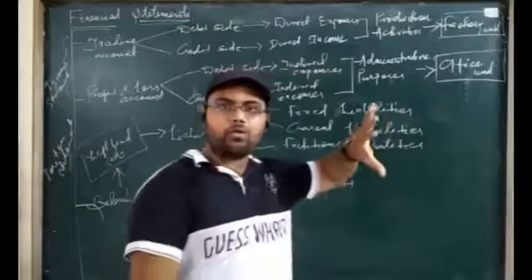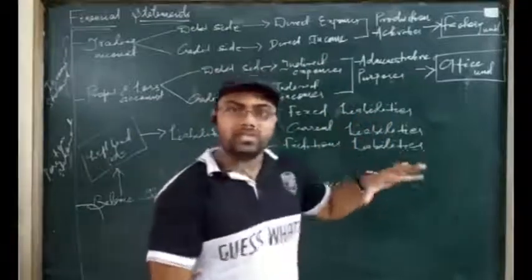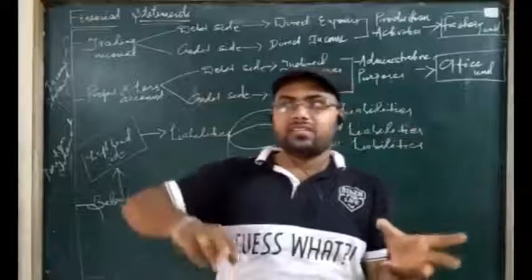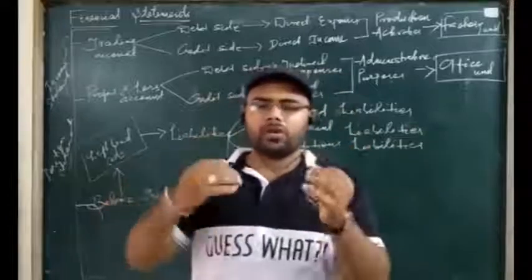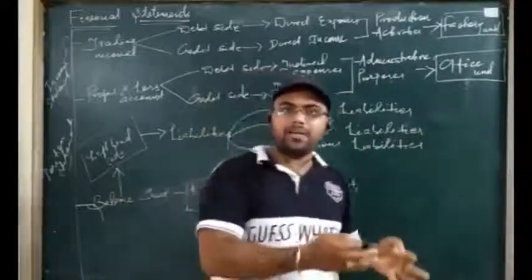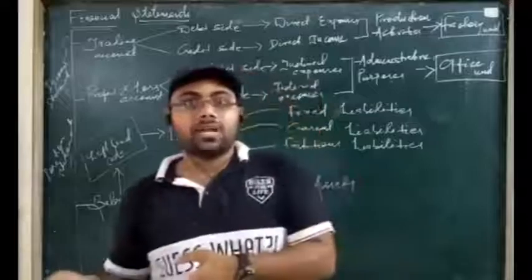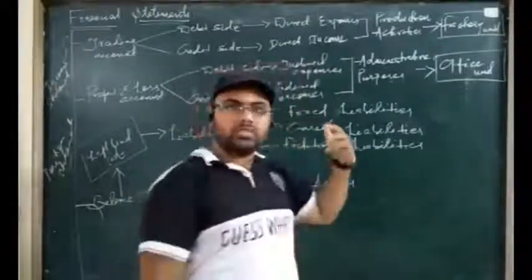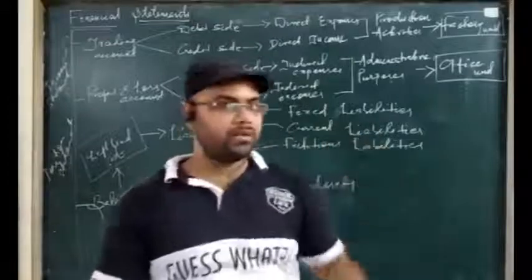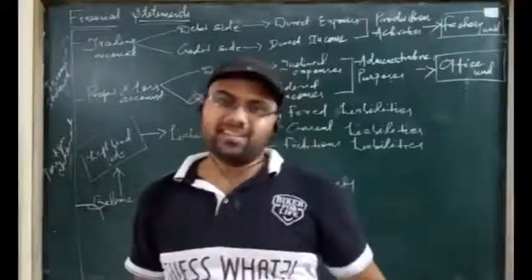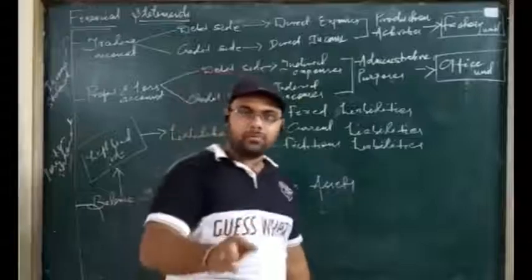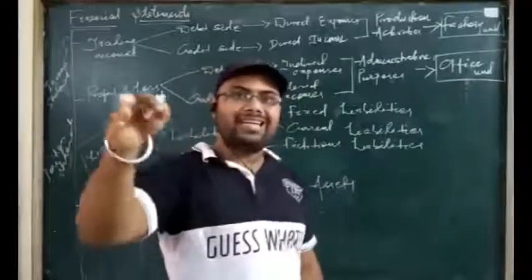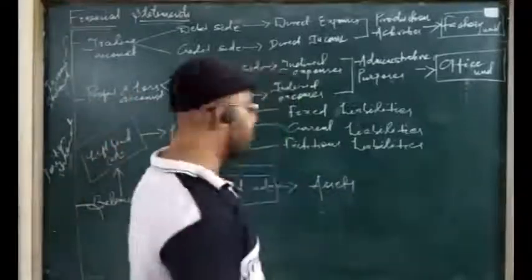Clear? So I am going to write the type of liability which, when it occurs, gives rise to a reduction in the particular type of assets. These liabilities are not posted to the liability side of the balance sheet but to the asset side by way of reduction of the respective assets, which leads to a reduction in the value of assets.